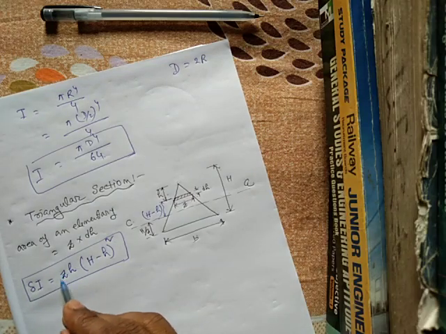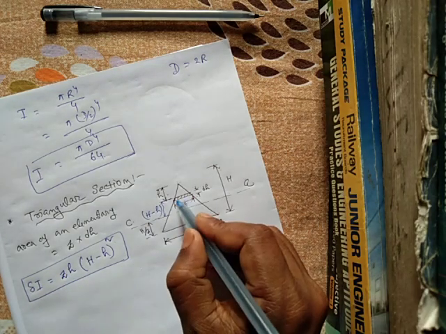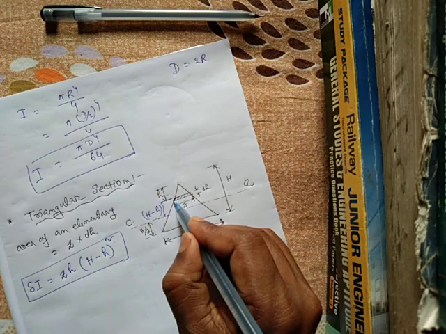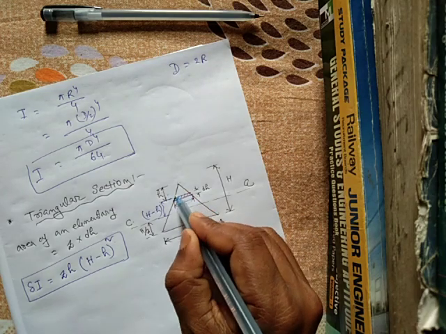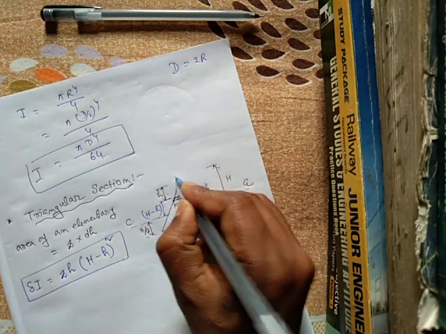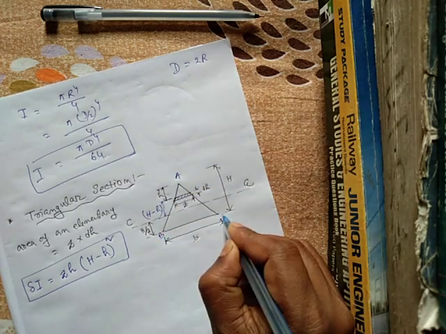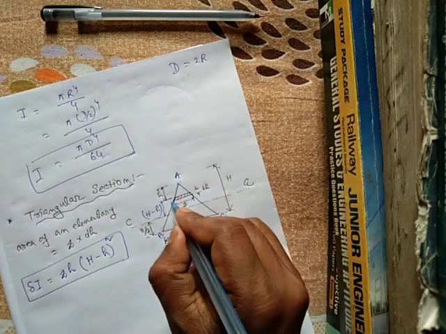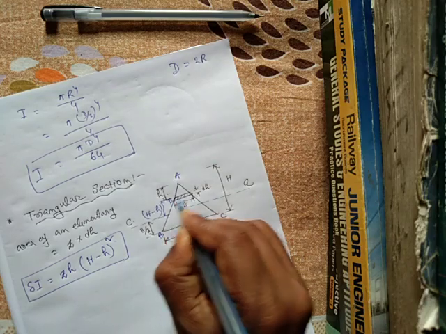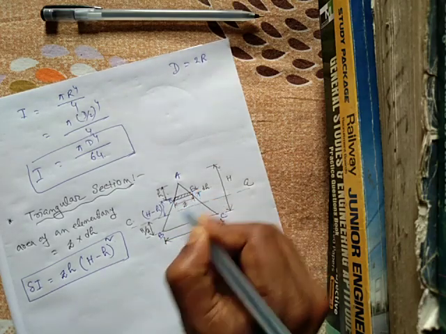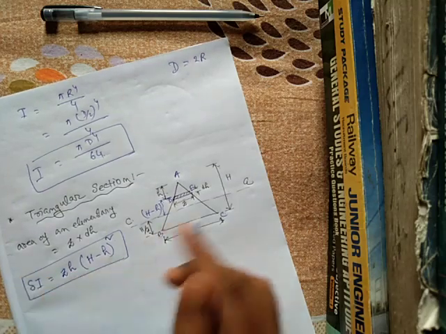What is the value of z? How to calculate the value of z? Say the capital triangle is ABC and the small triangle is ADE.